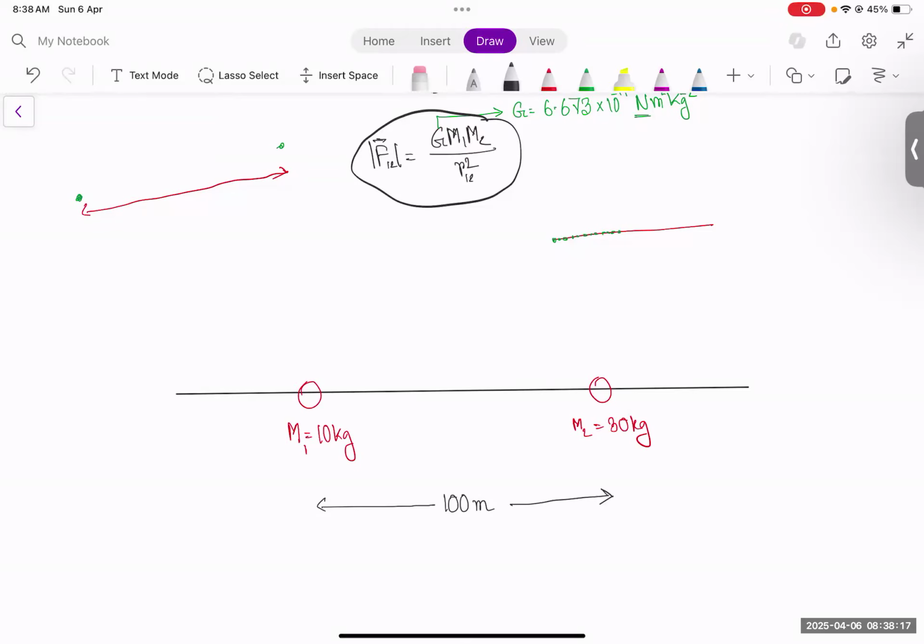And then I want to place a new object on this line so that that object doesn't experience any net force. So I want to position another object here so that it doesn't experience any net force. This is actually easier than the electrostatic case because you don't have the hassle of positive and negative mass. Mass is always positive.